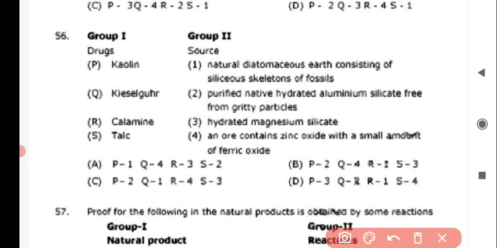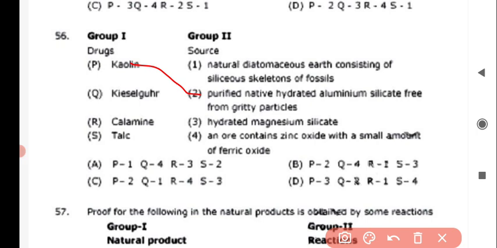In the next question, the group 1 contains the drug and the group 2 contains the source. For the first drug, that is kaolin, the correct answer is option number 2, that is purified native hydrated aluminum silicate free from gritty particles.